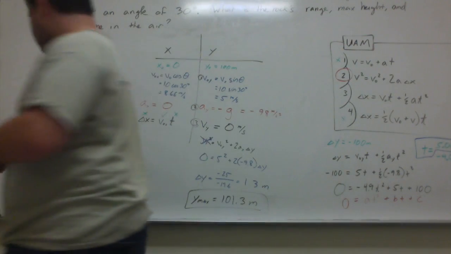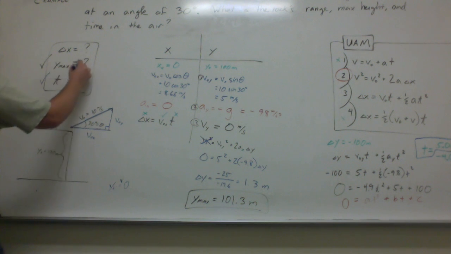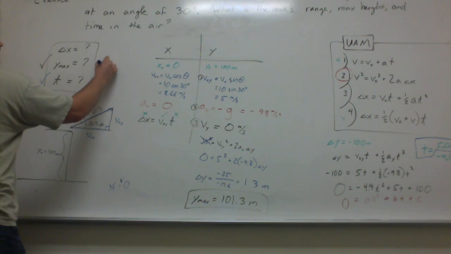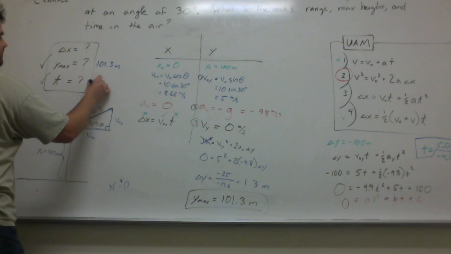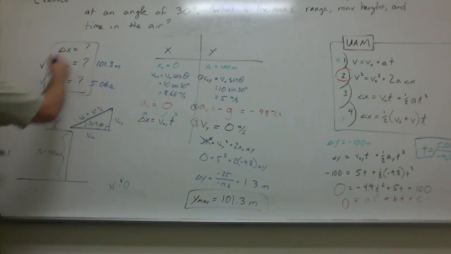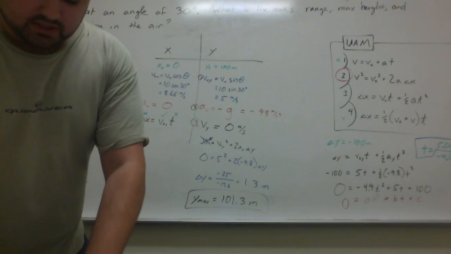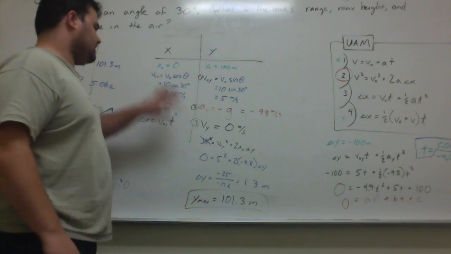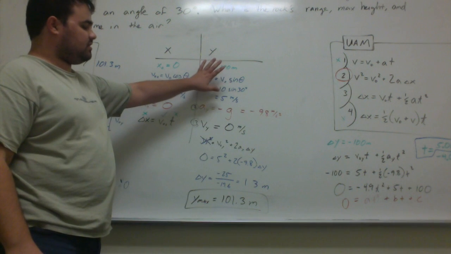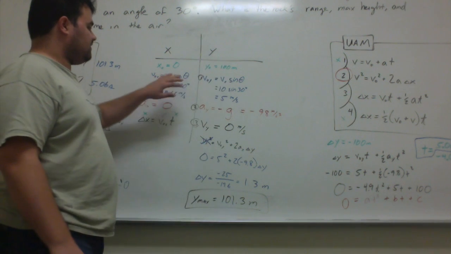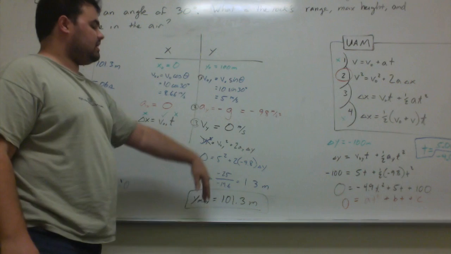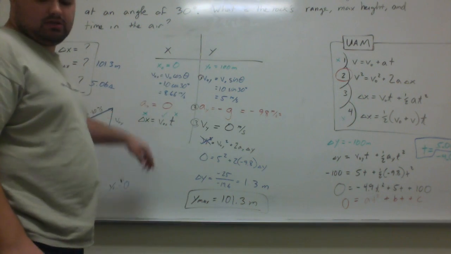Okay, so we got 100.3 meters, and we got 5.06 seconds. Now to find the range. And this is what I was talking about before about using information from one side of components to find the other. Notice we had enough to find the maximum height, but we didn't have enough to find the range.